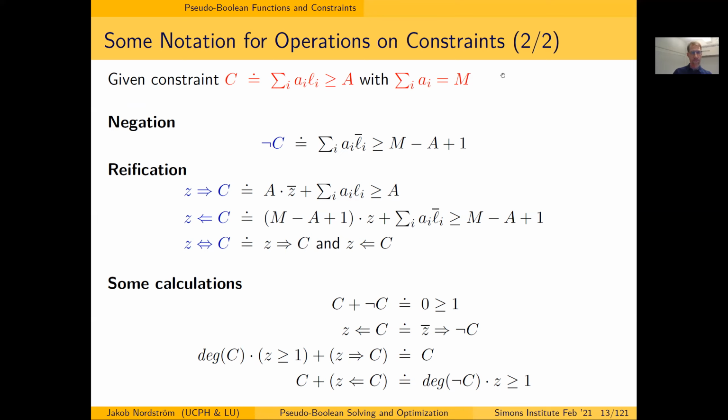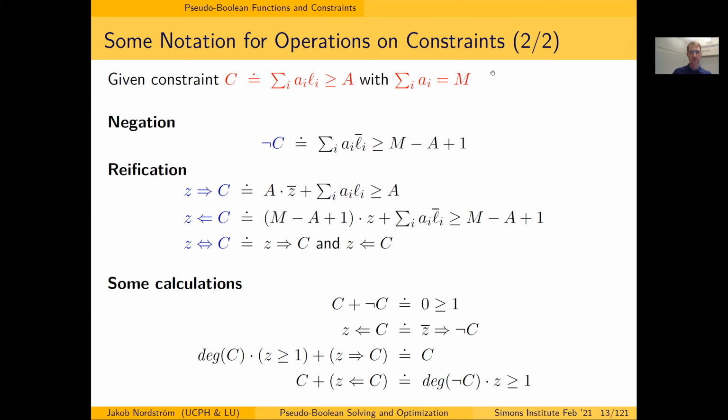In the other direction, I can say that the constraint implies that z is true for a fresh variable z by writing down the constraint (M minus A plus 1) times z plus the sum of a_i l_i bar greater or equal to M minus A plus 1.